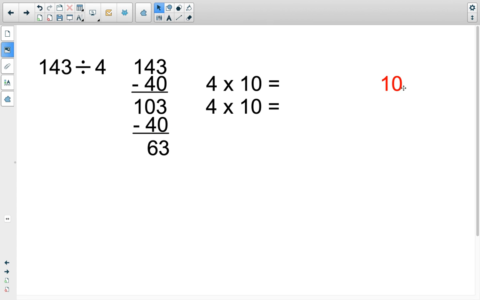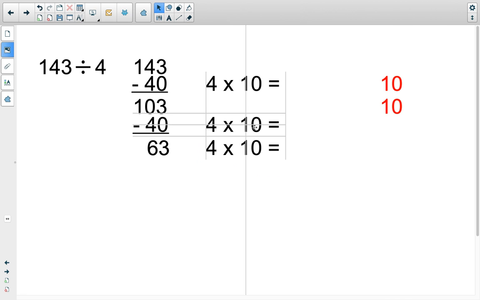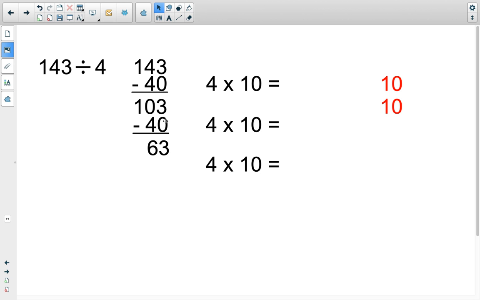So it's getting better. I've got another 10 over here from this second multiplication. Now I've got 63. Well, guess what? I can do another one. Right? So here's this for that 40. Now this is for another 40. Right? Because I can multiply it again.